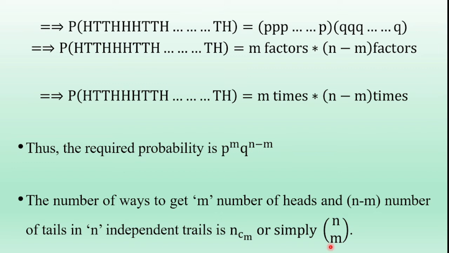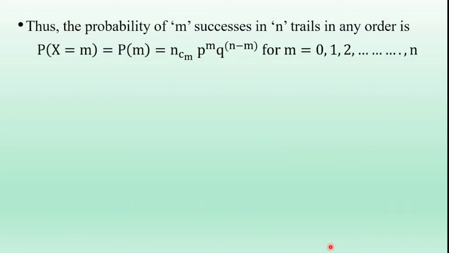Thus, the probability of small m successes in small n independent trials in any order is given by probability of X equal to m, or p of m, equal to nCm into p power m q power n minus m, for m equal to 0, 1, 2, 3 and so on up to n. This equation is called the binomial distribution of order n and parameter p, q.